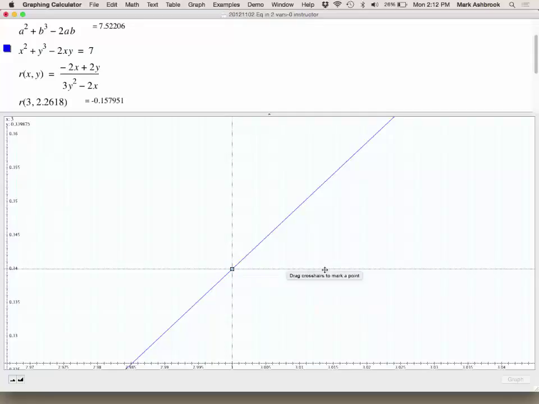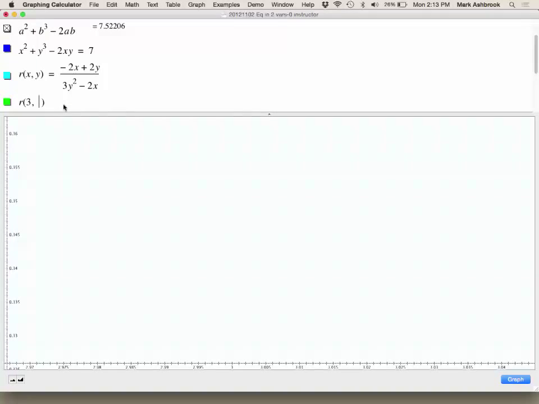Something like what? Positive or negative? Positive, and I don't know if my scales are exactly the same or not. But if my scales are the same, which I think they are, something like 1, right? Something maybe a little greater than 1. So here's the point, 3, and then what's the y value?